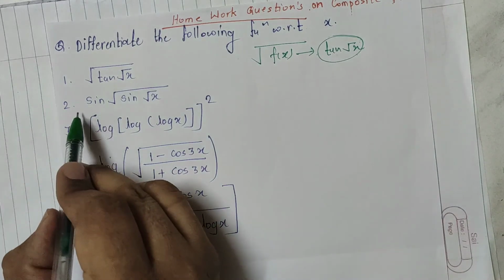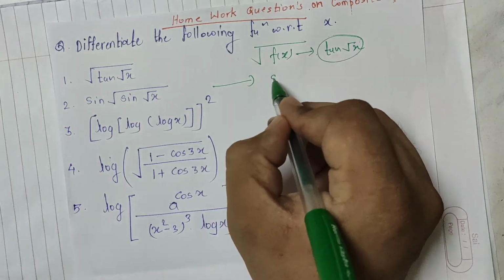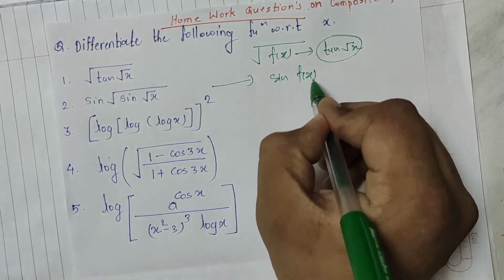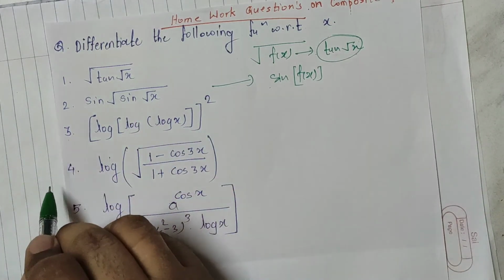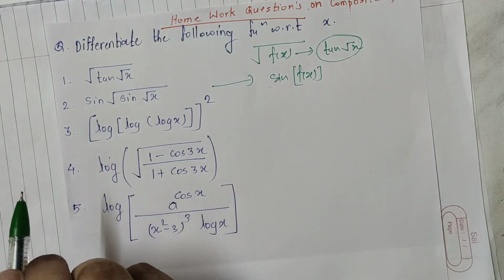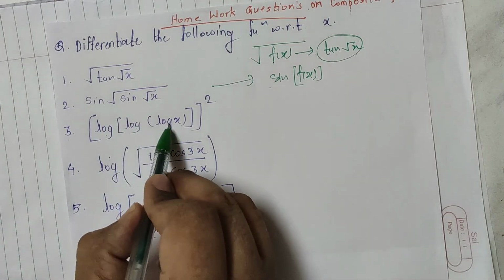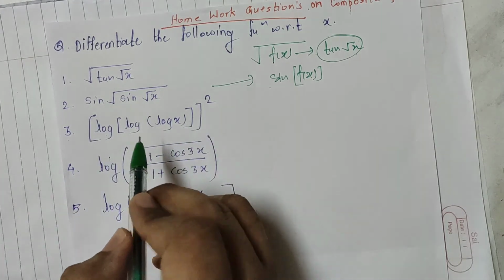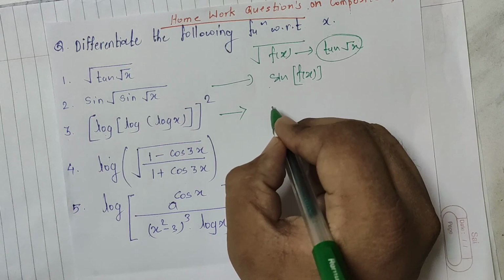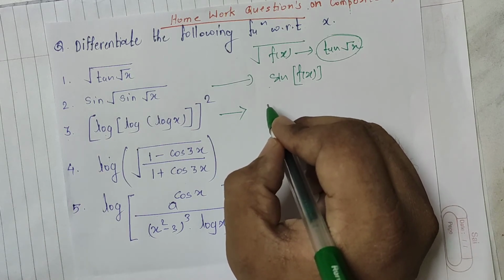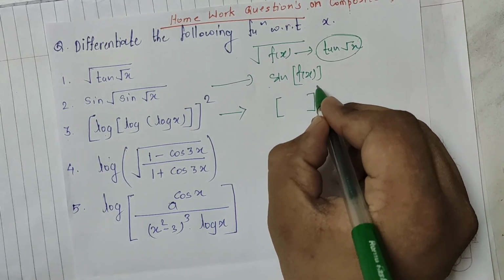Then the second question, sine of sine root x, which looks like which form? Sine of f of x. So use the sine of f of x formula and solve. The third function is a very interesting example, which looks like 3 times log of x, whole bracket squared. But this example is very simple. How to solve? First of all, think how it looks. I think bracket raised to n, where n is a number.